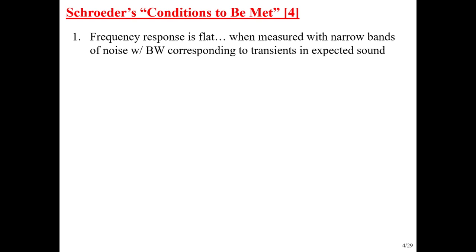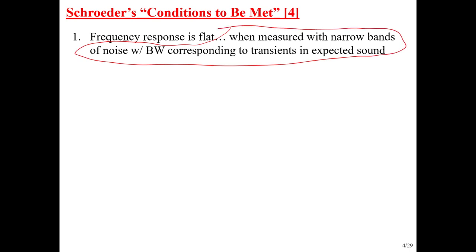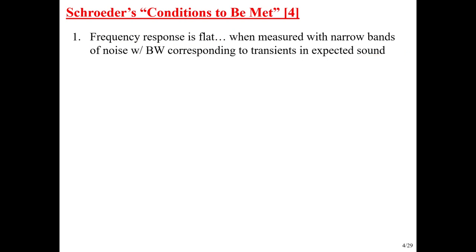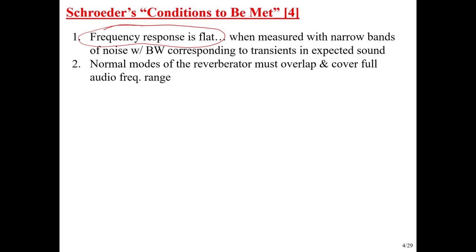So he wants the frequency response flat. He gives a little caveat here as to what he really means from a real room's point of view. But initially, he's just saying, I'm going to make my frequency response perfectly flat. That's his aim. He then says, despite the fact that it's flat, I need to have some concept of the modes of the reverberator.